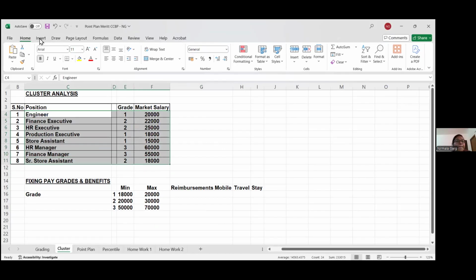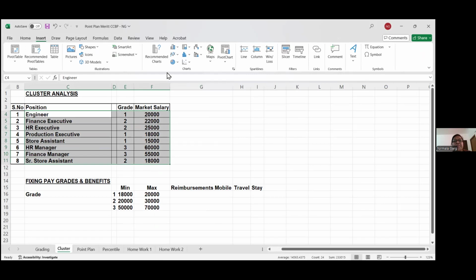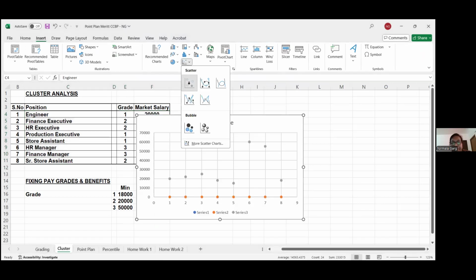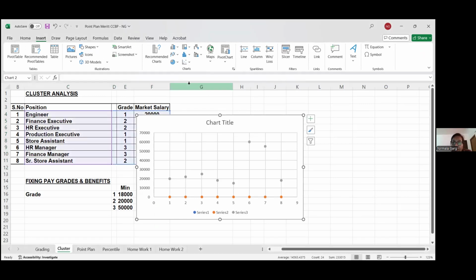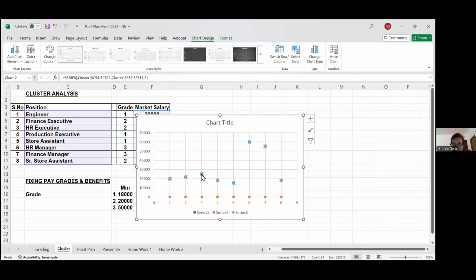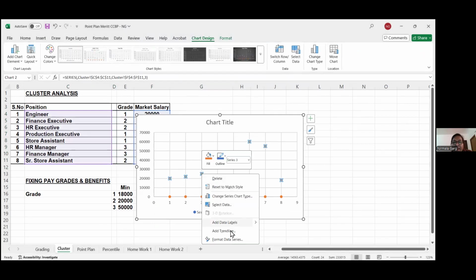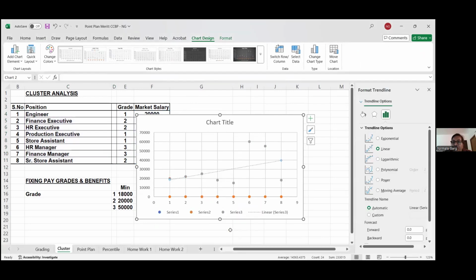Okay. Insert. Scatter. Now, just click on any of this and do a right click. Add trend line. Okay.